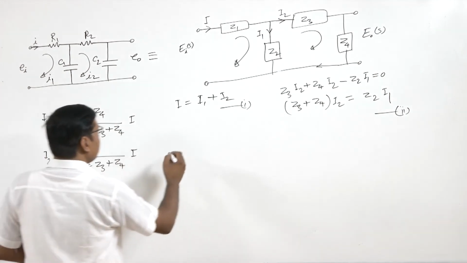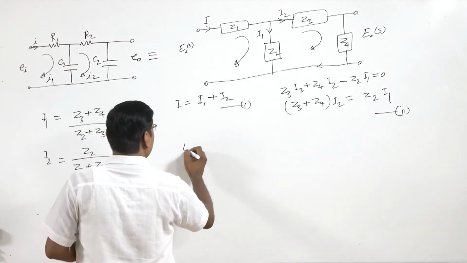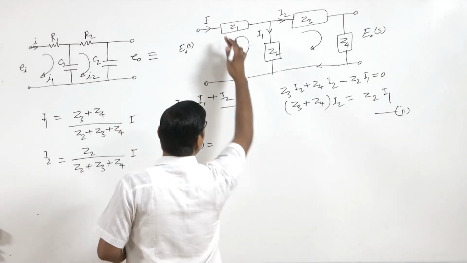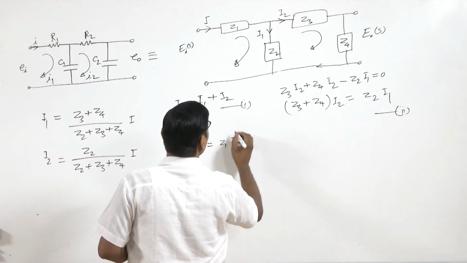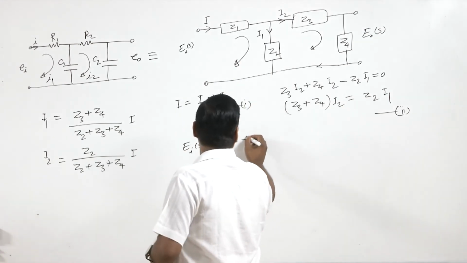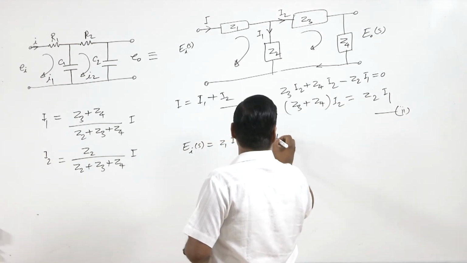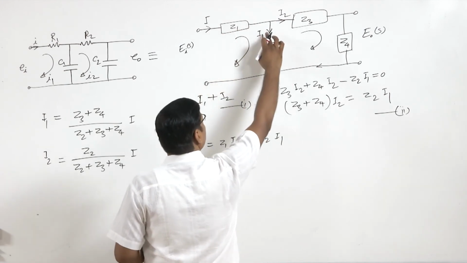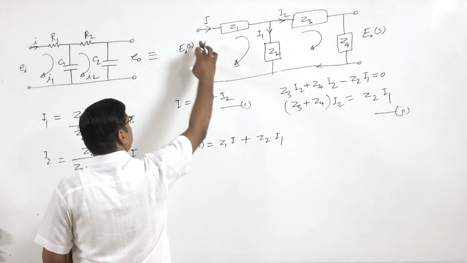Now EIS, for this first loop, EIS equal to Z1 into I plus Z2 into I1, because there is the voltage drop and here is the voltage gain.